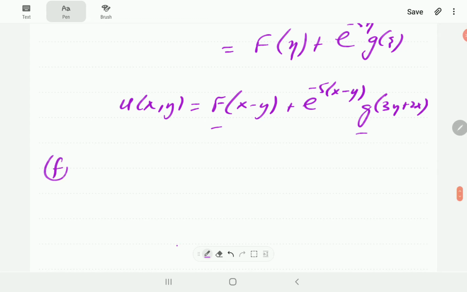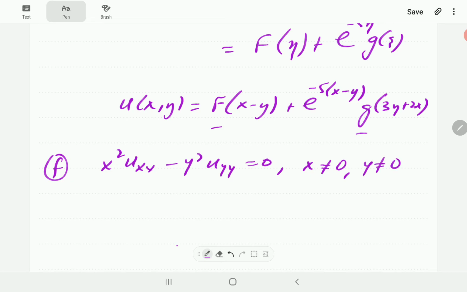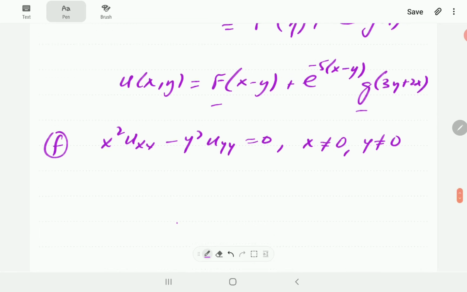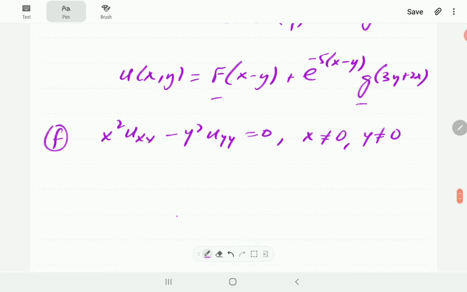So in f we have got x squared uxx minus y squared uyy equal to 0. X must not be 0 and y must not be 0. So this PDE is defined away from the coordinate axes.